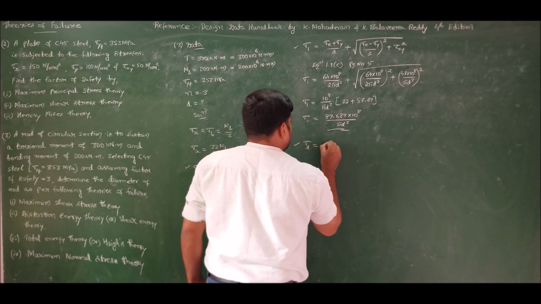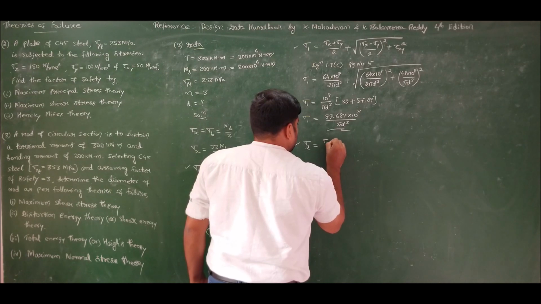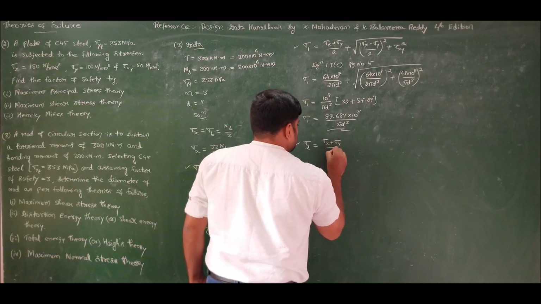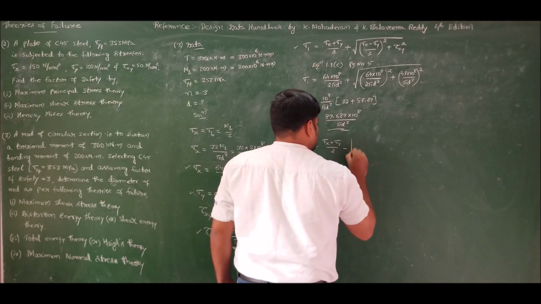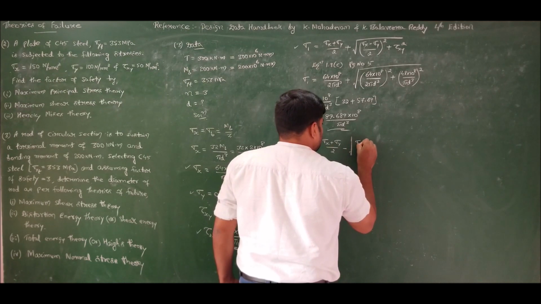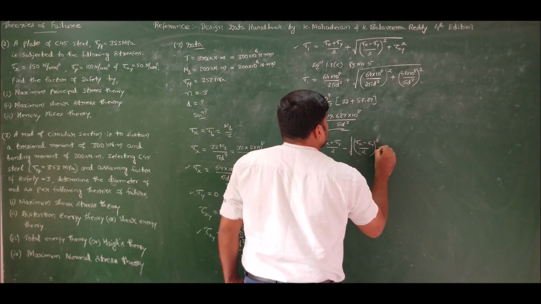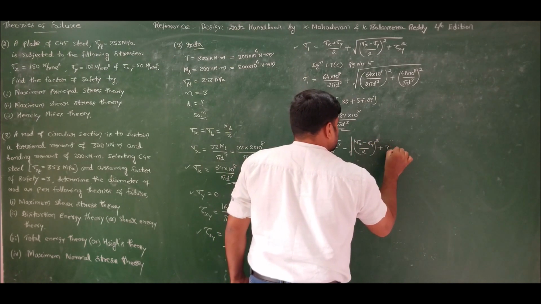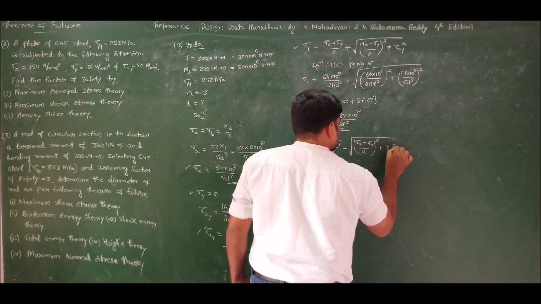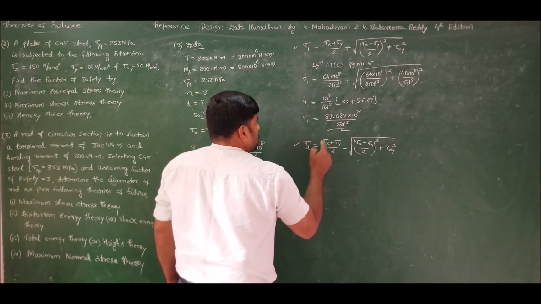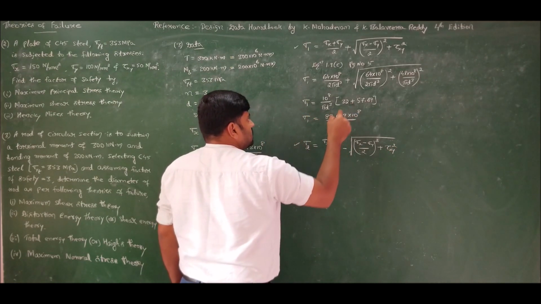Now if I find minimum principal stress, that is sigma 2, it will be sigma x plus sigma y by 2 minus root of sigma x minus sigma y by 2 whole square plus tau xy square. So if I do that, I'll get the same equation with negative sign here.